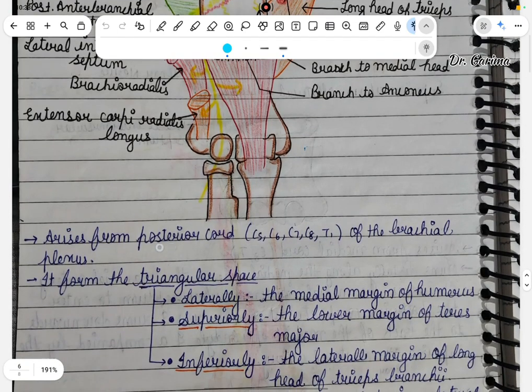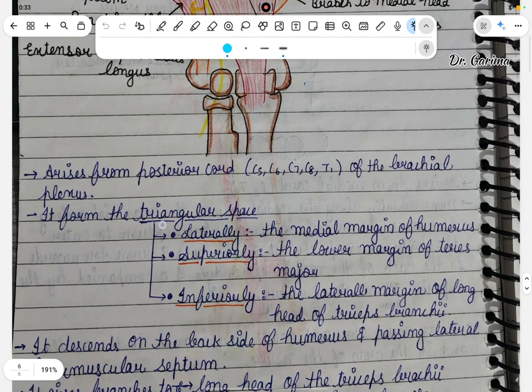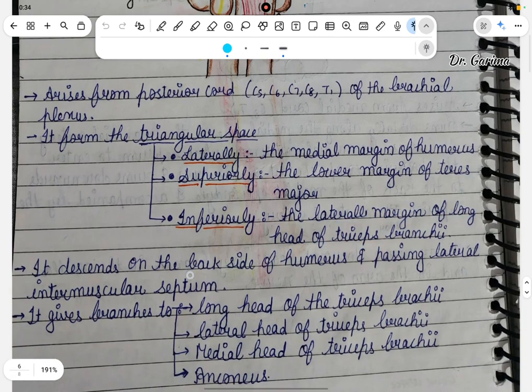It arises from the posterior cord of the brachial plexus and passes through the triangular space, bounded superiorly by the lower margin of the teres major and laterally by the lateral margin of the long head of the triceps brachii. It descends into the back of the humerus and pierces the lateral intermuscular septum.